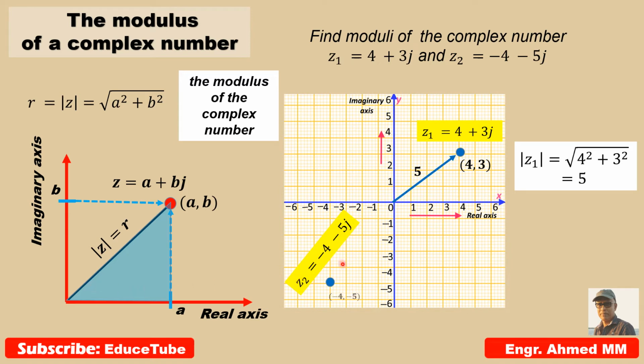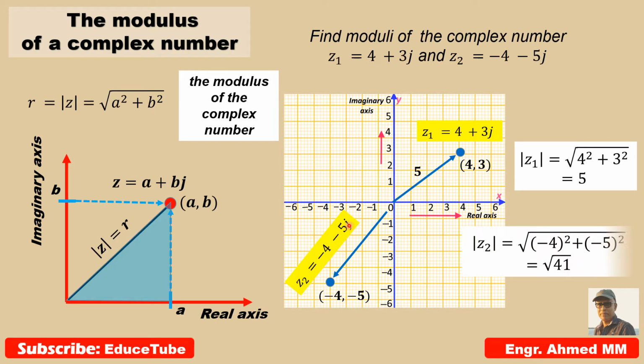Coordinates, here I got (-4, -5). So I found absolute z2, it means also r, the modulus, is square root of 41. So here it shows square root of 41. This is the modulus of this complex number. So this is the way to find the modulus. Let's move to the next slide to find the argument of a complex number.